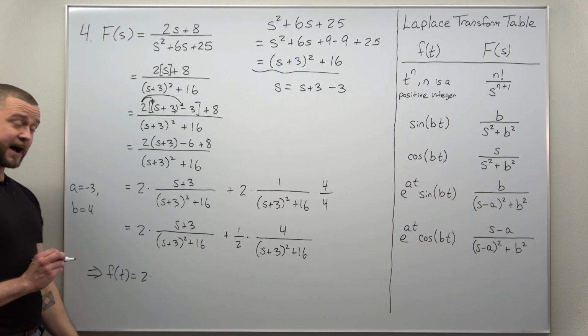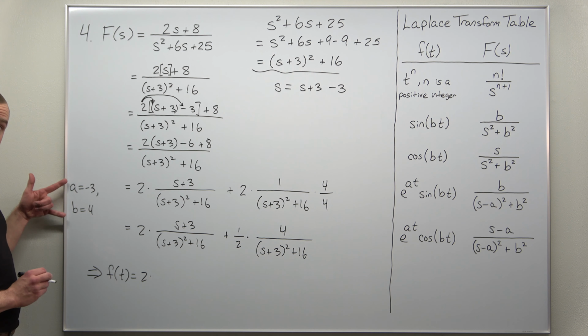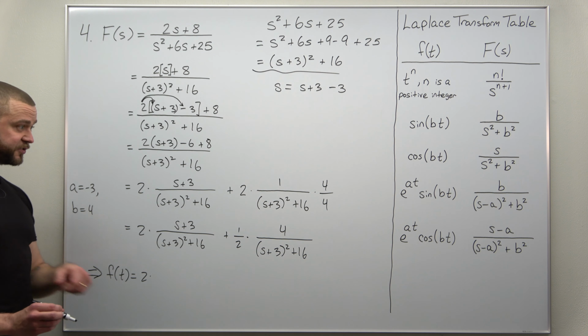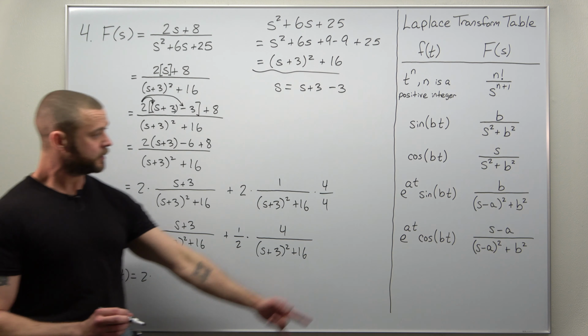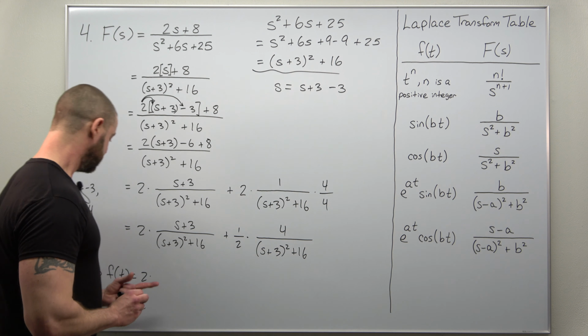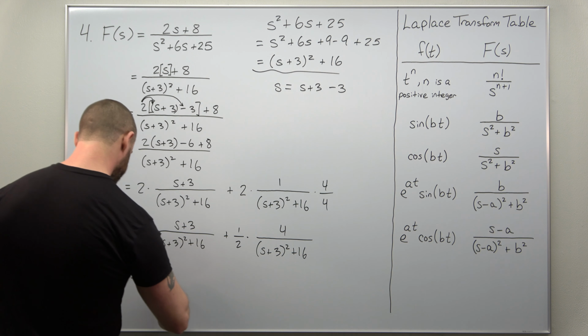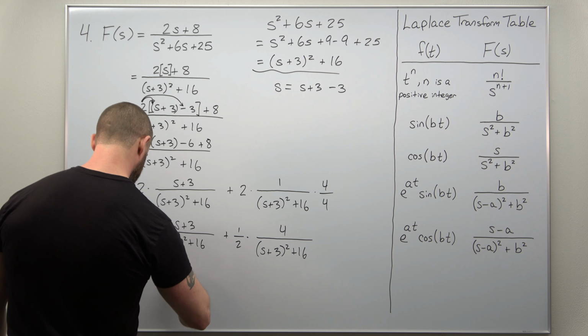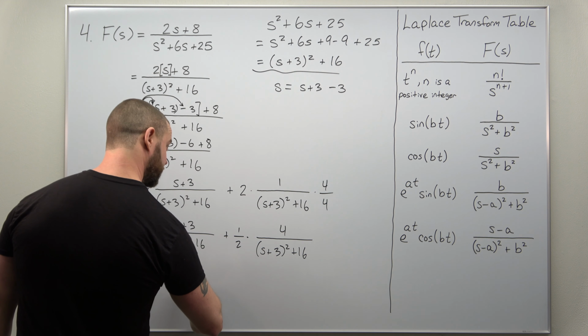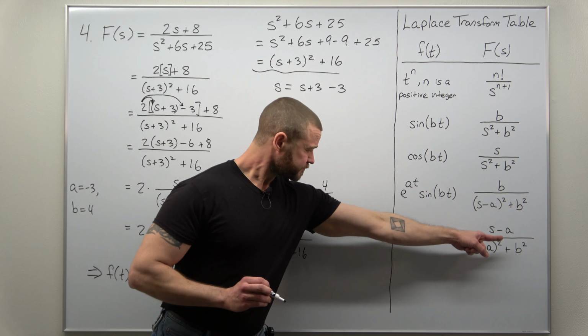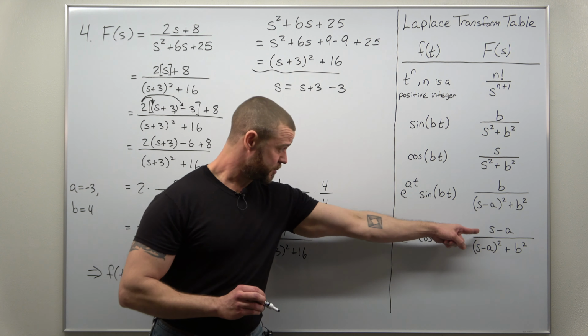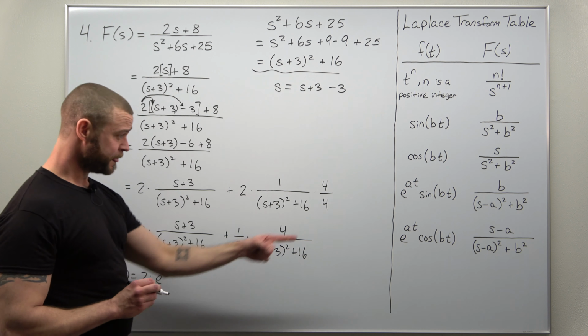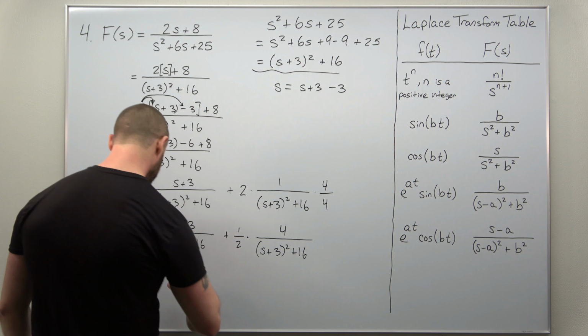And we're going to identify the two values we want, a as -3 and b as 4. And we'll get combinations of exponentials times sines and cosines. So it looks like we get here e to the -3t. And that's going to be, for that s minus a in the numerator, s plus 3, that's going to match an exponential times cosine.